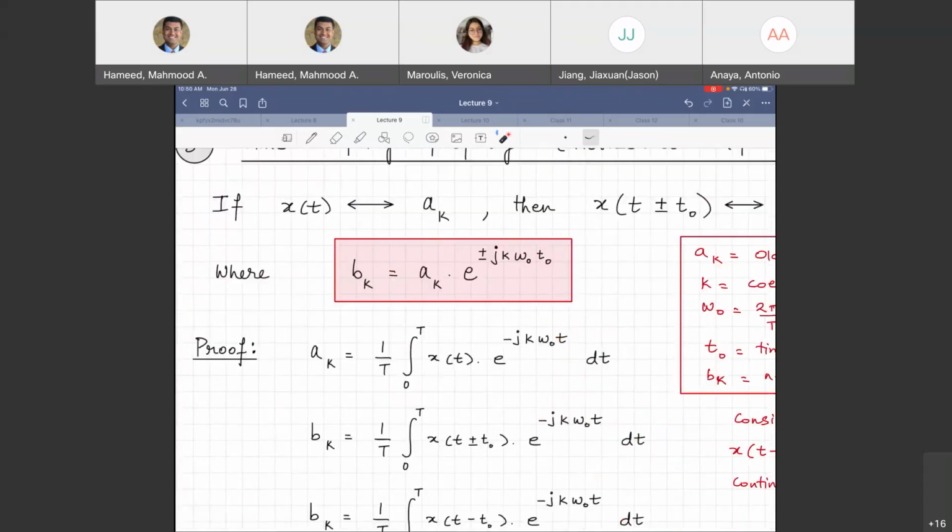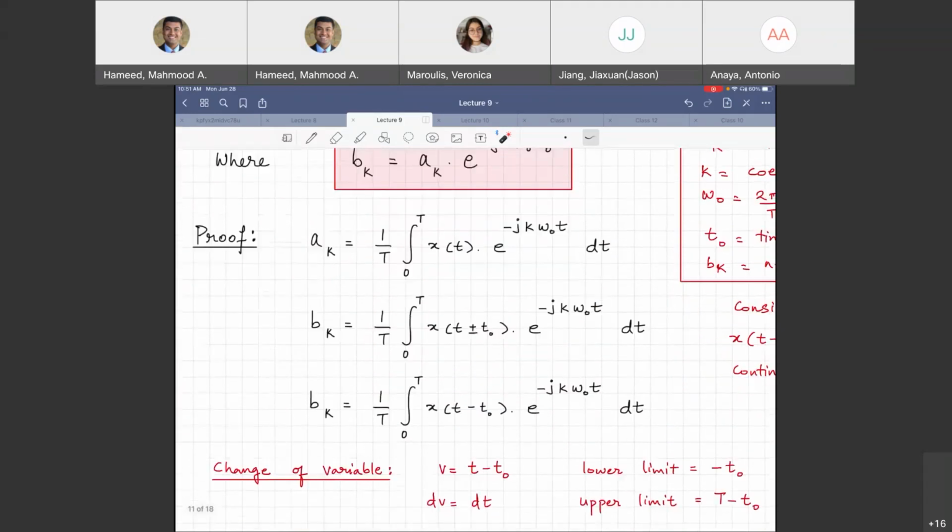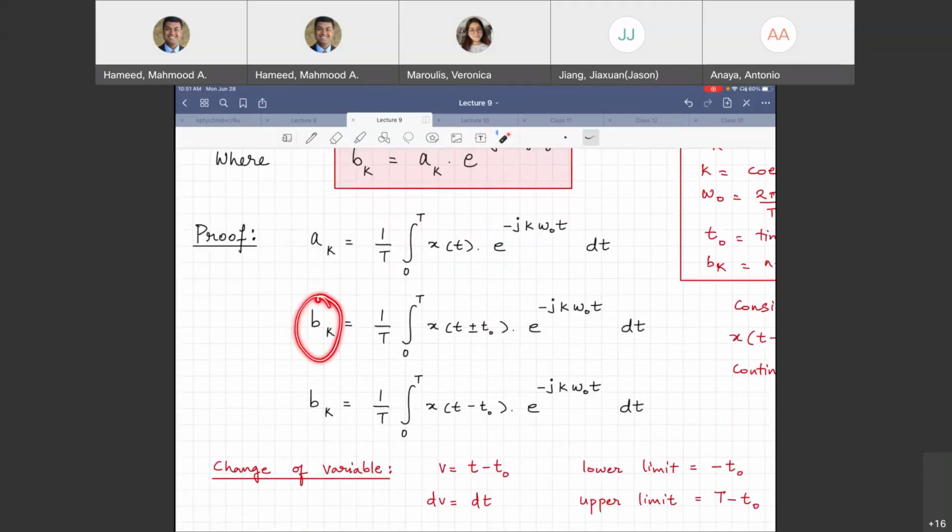Start the way we usually start. a_k equals 1 over T, integration over one time period, x(t) e to the minus j k omega naught t dt. An integration formula to compute a_k. What would be b_k? b_k would be the Fourier series coefficients of x(t plus or minus t_0). So instead of x(t), plug in x(t plus or minus t_0). That's the only change. Everything else is as is.